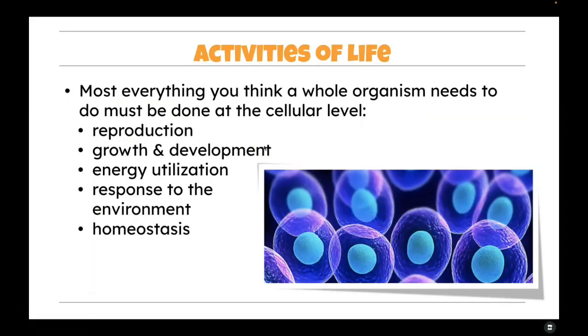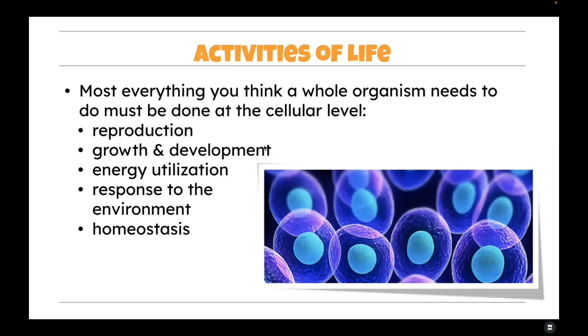All right. And so like I mentioned, mostly everything we do requires cells. And when you think of an organism, a living thing as a whole, then we need to think about what our cell does at the micro level, right? So cells reproduce, they grow and develop, they need energy, they respond to the environment, and they require homeostasis, which is an internal balance. All right.